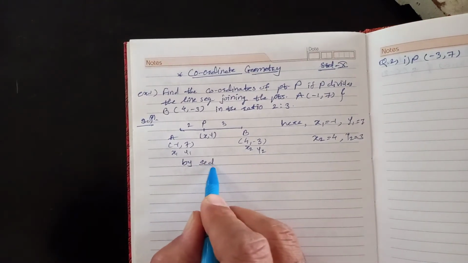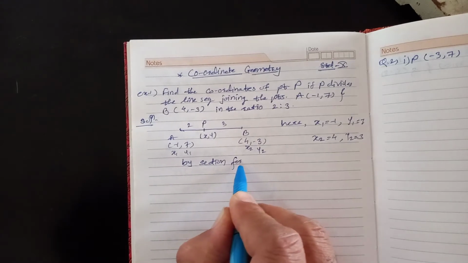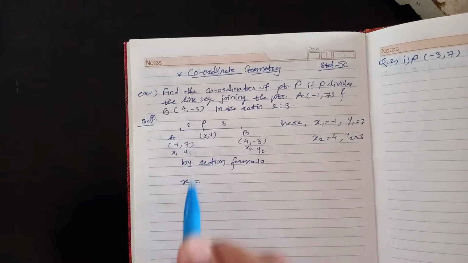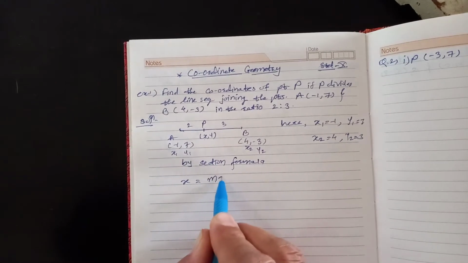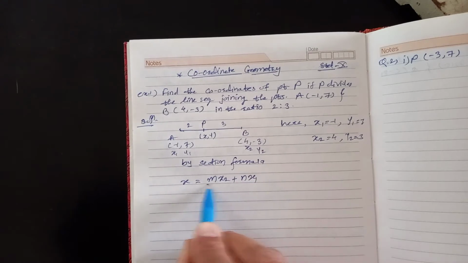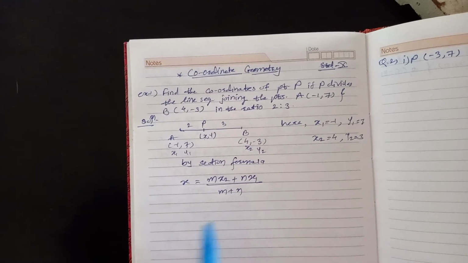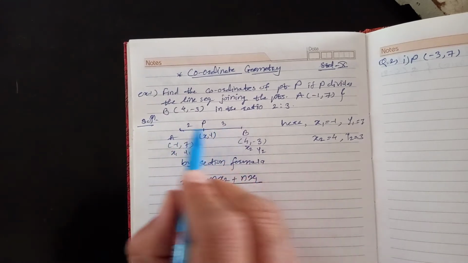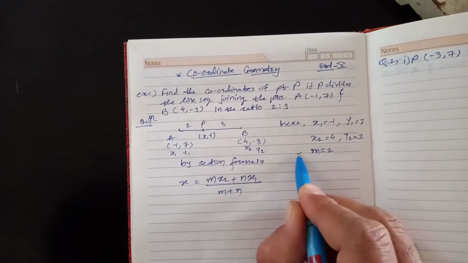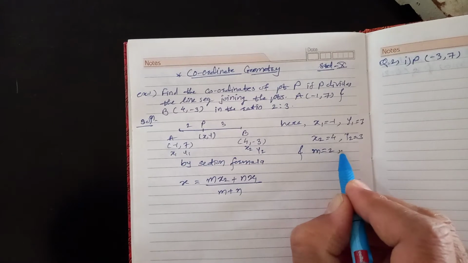So by the section formula, very simple. First you have to find this x coordinate. We know it is (m x2 plus l x1) upon (m plus l). Here the ratio is also given, 2:3, which means m is 2 and l is 3.